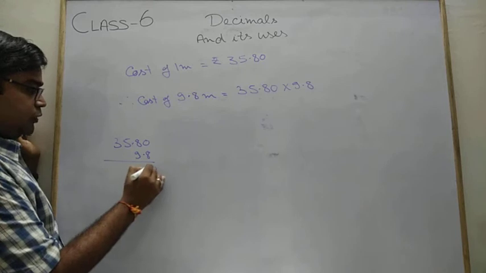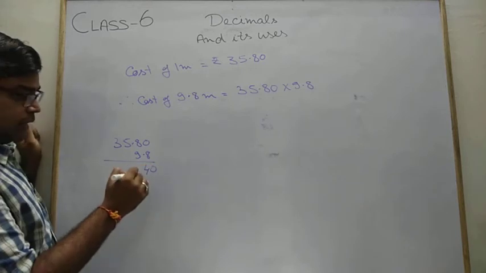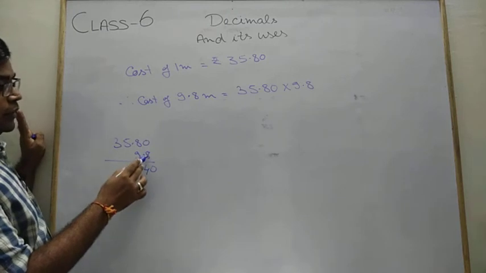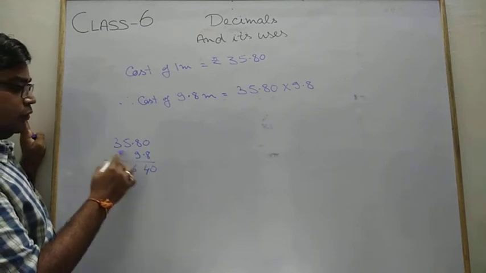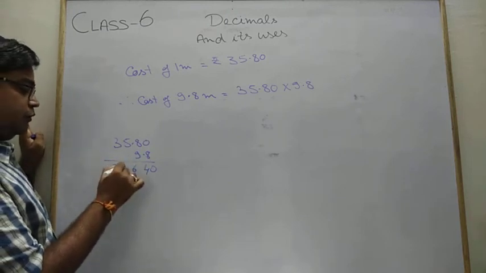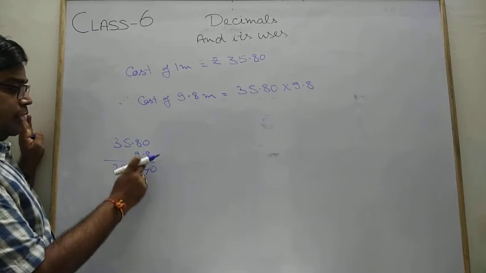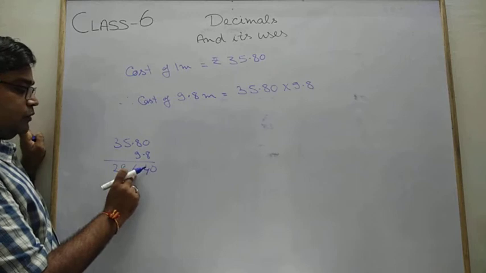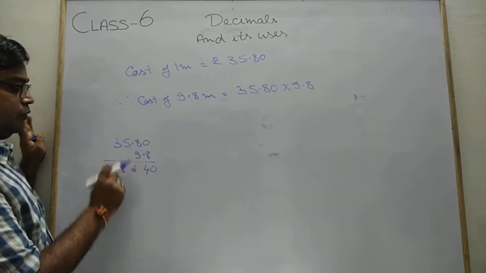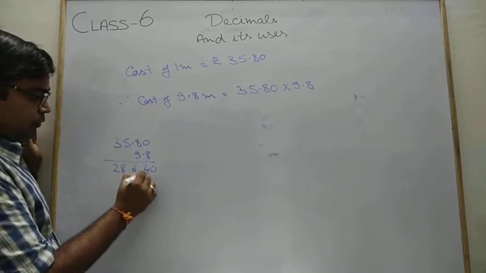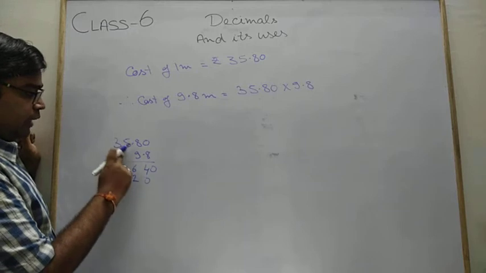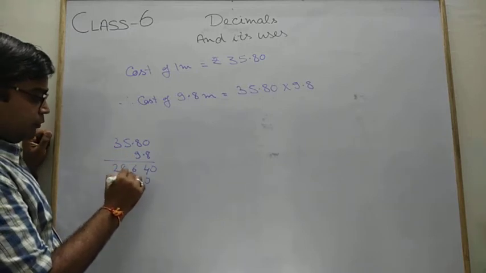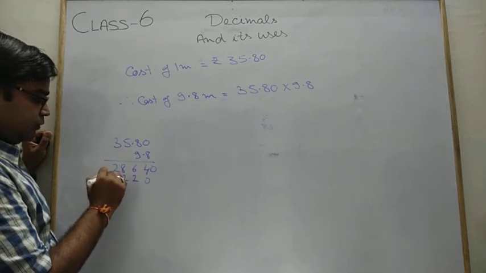So 8 0 0, 8 6s are 48... 8 8s are 64, 6 carry, 8 5s are 40 plus 6 is 46, 4 carry, 8 3s are 24, 24 plus 4 is 28.